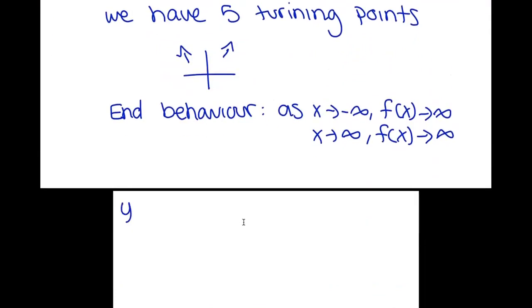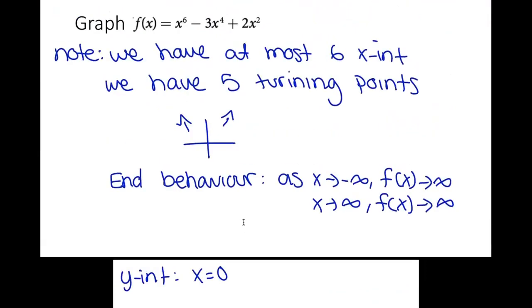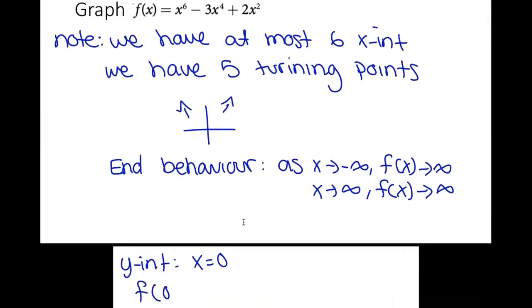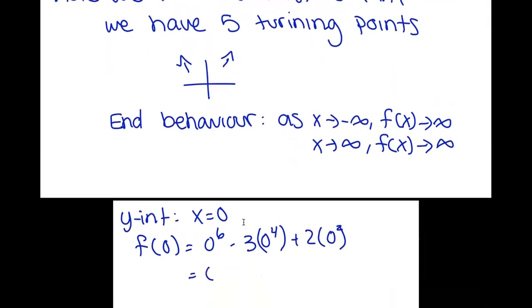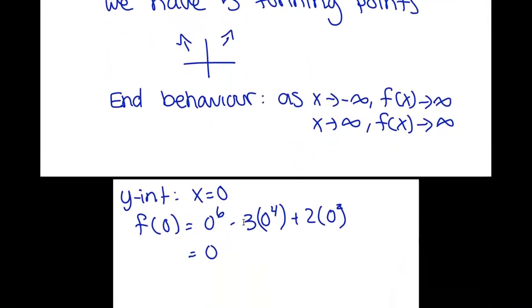So y-intercept when x equals 0. Then f of 0 is 0 to the 6th minus 3 times 0 to the 4th plus 2 times 0 squared. And that's just 0. So y-intercept is at 0, 0.